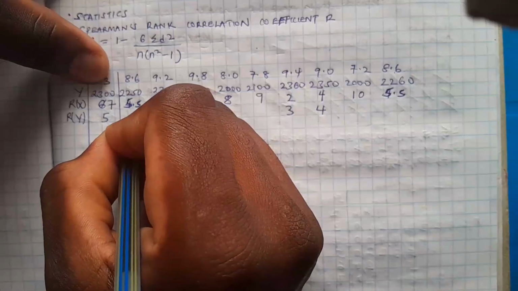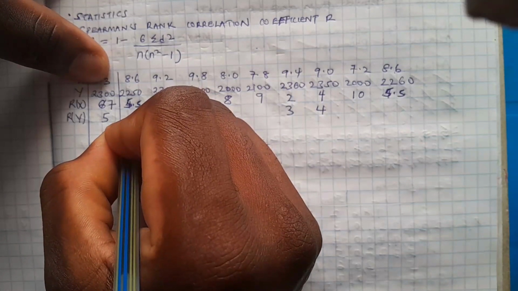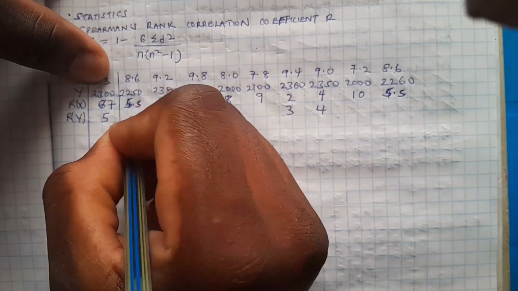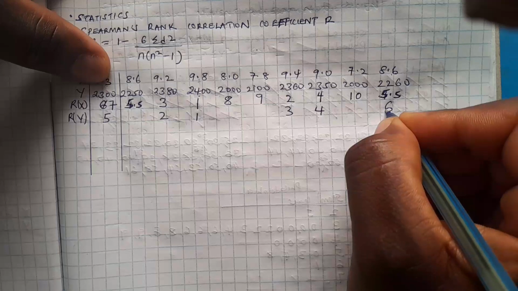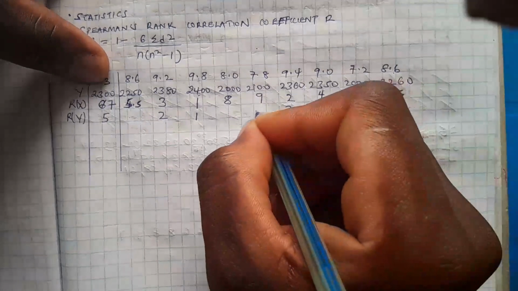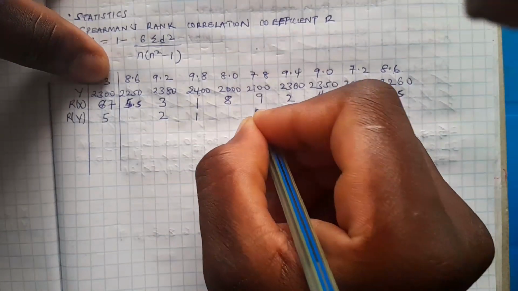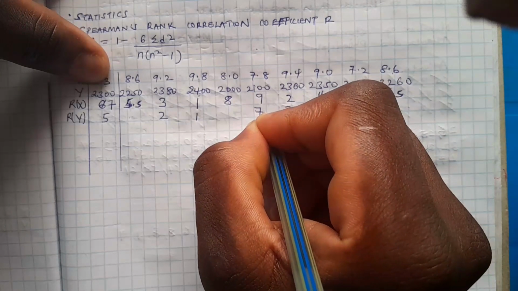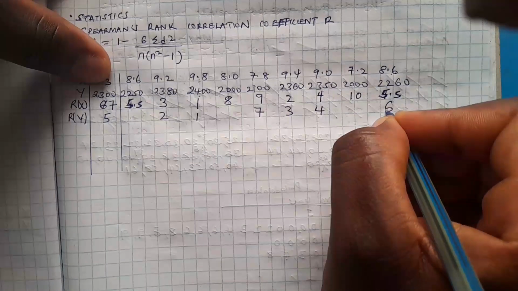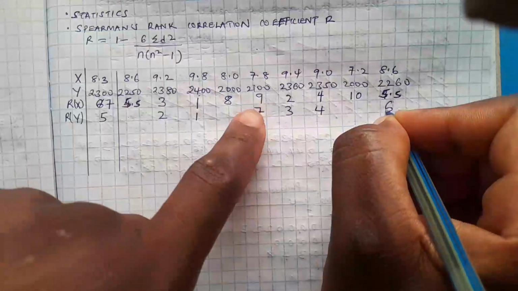Then we have 2250 and 2260. 2260 will have the sixth rank, and then we have 2100, which will have the seventh rank.